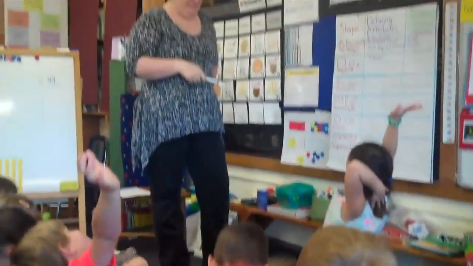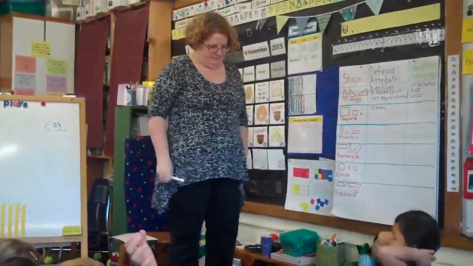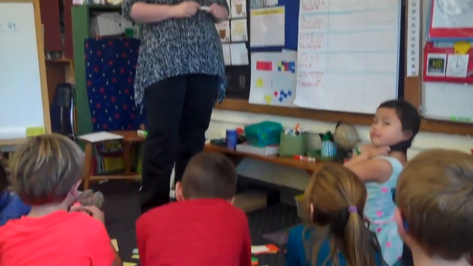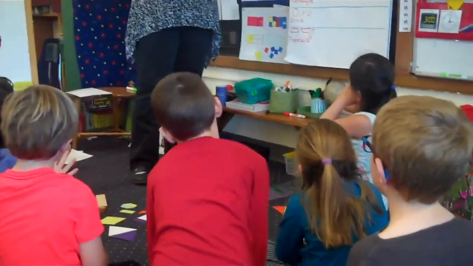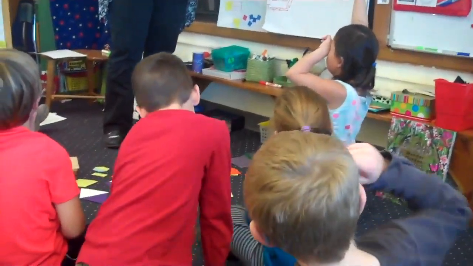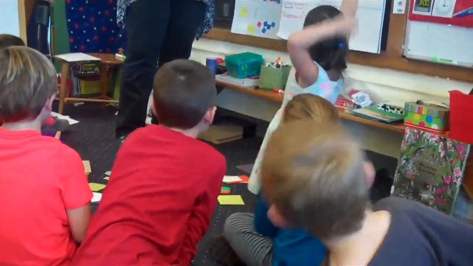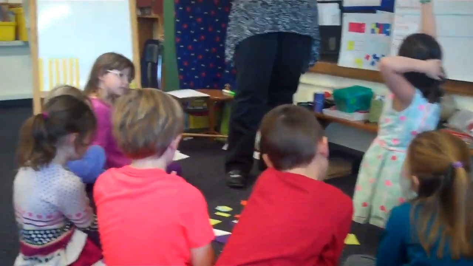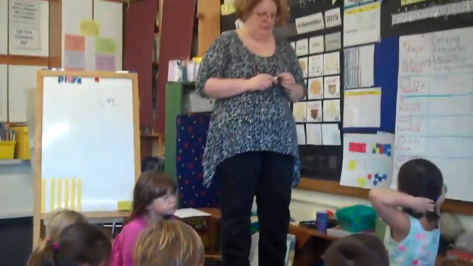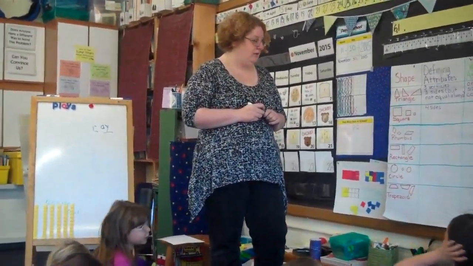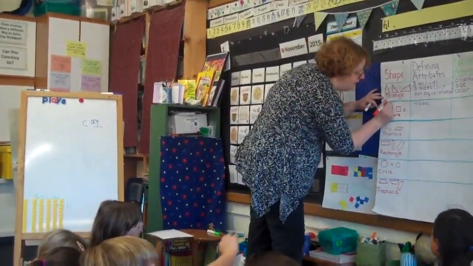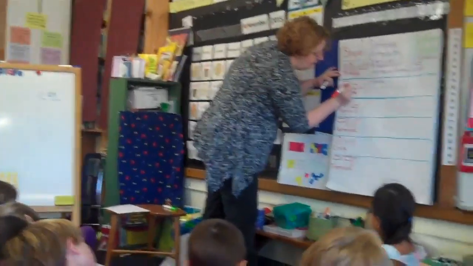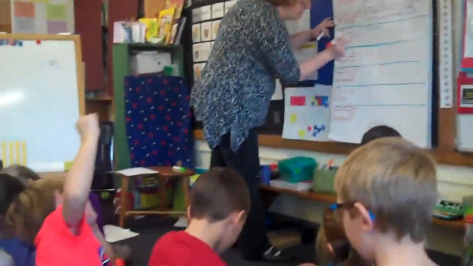What do we know about a square's sides? Look at the square. Is each side the same? Are they equal? Each side is the same, or equal. So this side is equal to this side, which is equal to this side, which is equal to this side.